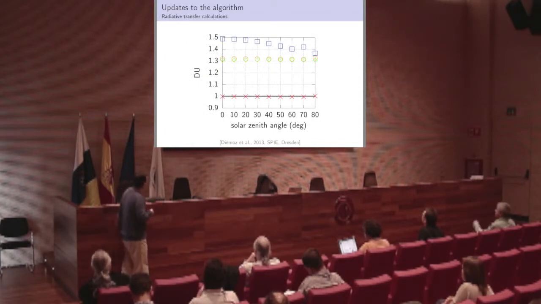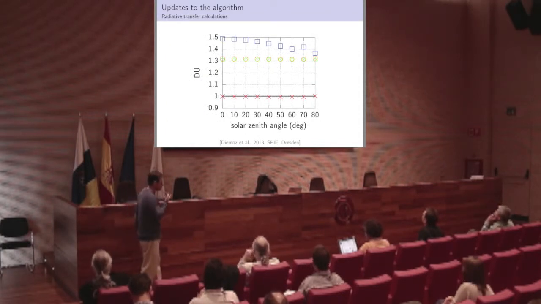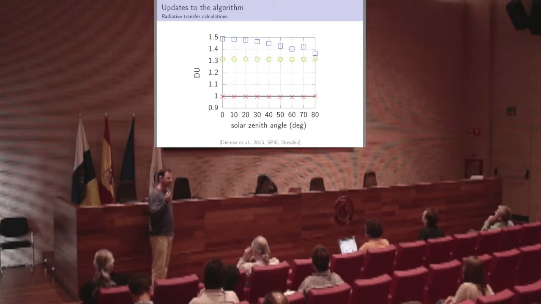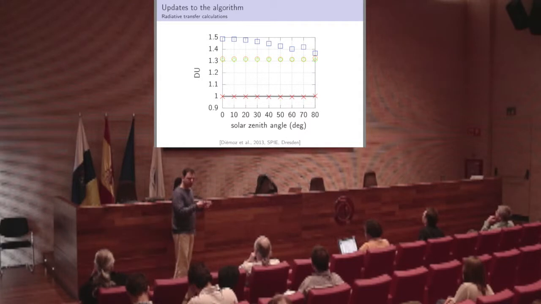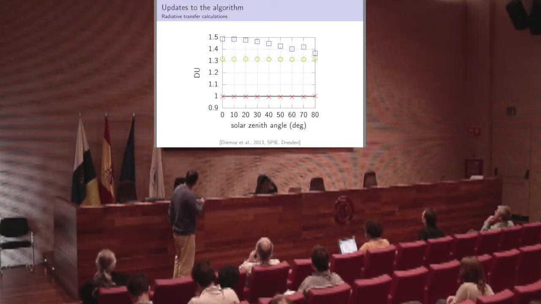Okay, this is an interesting graph because it represents a retrieval on a synthetic spectrum from the libRadtran model. I put here in the example 1 Dobson unit into the model, and then I tried to apply my algorithm to the model, and it agrees quite well.